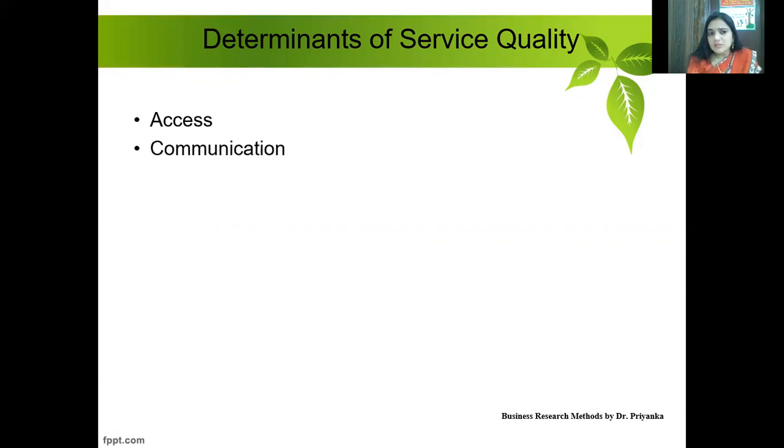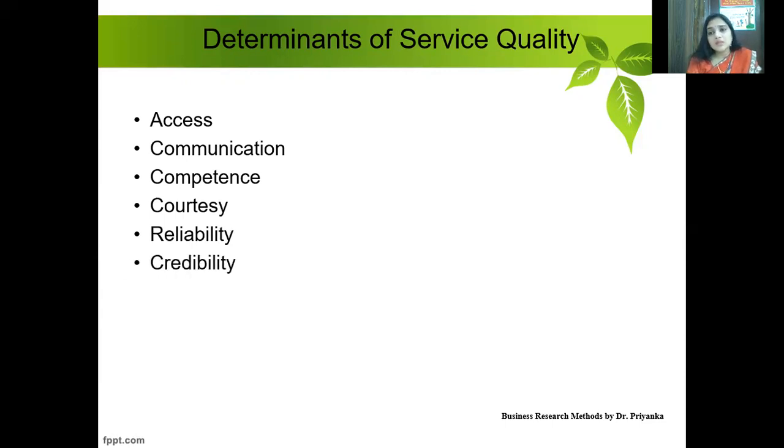So assessment of the service: whether service is accessible, easily available or not, whether communication is good with your company or not, whether your company is competent enough to provide good service, whether your employees are courteous enough to talk to the consumers, or whether you are a reliable source, whether credibility is there or not. These are the parameters to be considered when we talk about service quality.